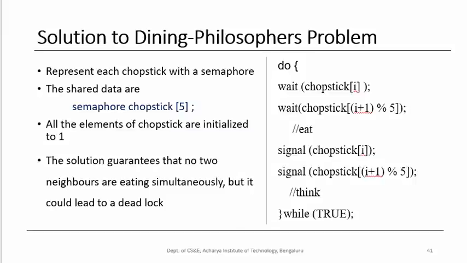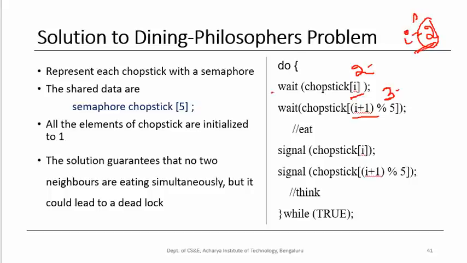The value of i is equal to 2, which means that philosopher 2 is trying to eat. So what are the chopsticks that he has to get? Chopstick of i, that's 2, and chopstick of (i plus 1) modulus 5. 2 plus 1 is 3, 3 modulus 5 is 3. These are the 2 chopsticks that philosopher 2 has to get.